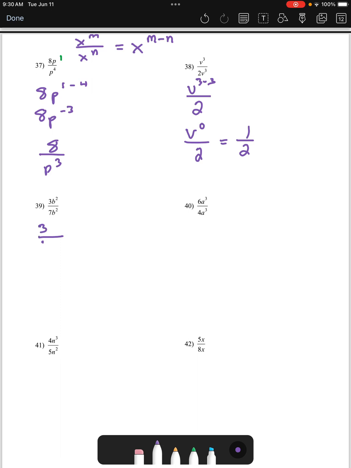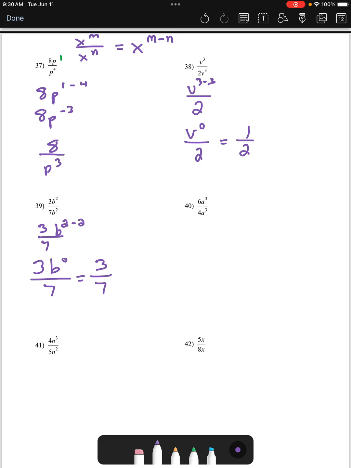In number 39, we have a fraction, and we have numbers in the numerator and denominator, so we're going to have a fraction when we simplify. 3 and 7 cannot clean up at all, so we're going to leave those. For the b's, in the numerator, we will do the b to the 2 minus 2. And of course, 2 minus 2 is 0, so we have 3b to the 0 over 7.